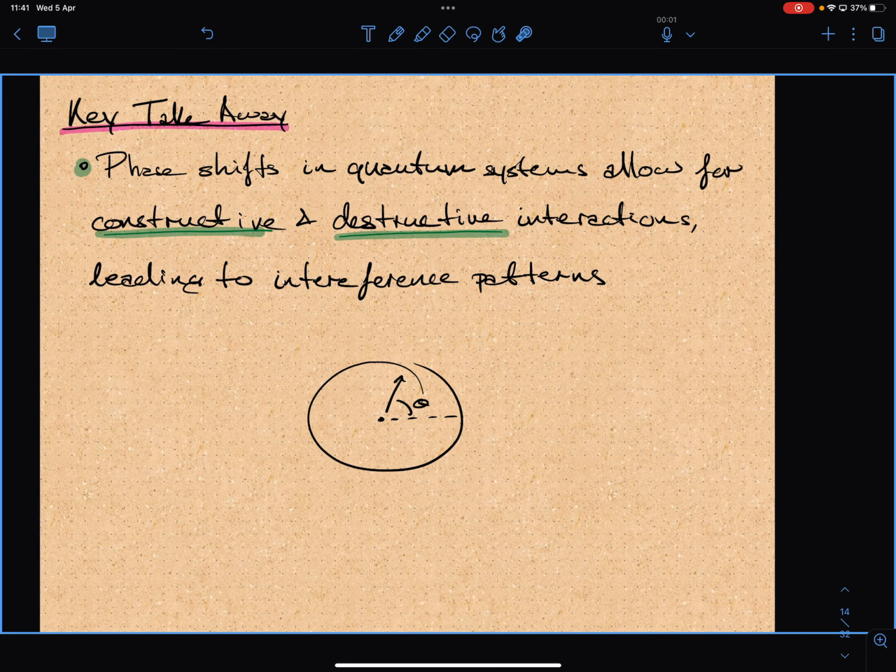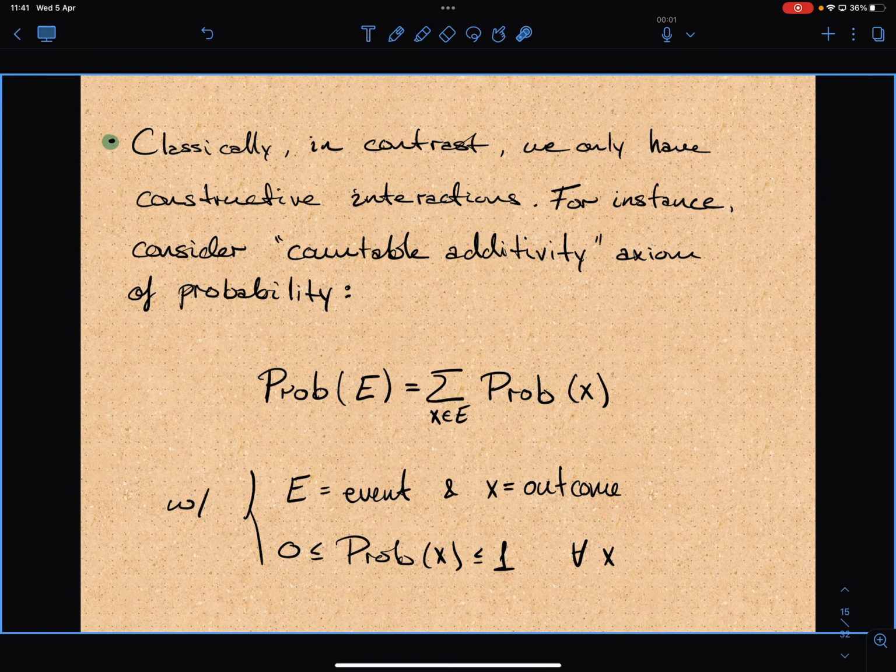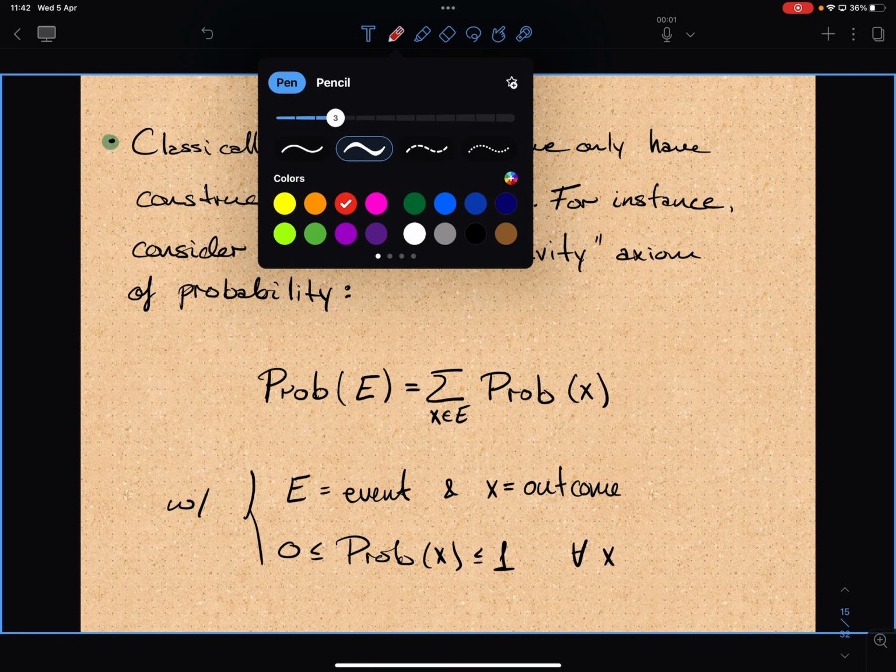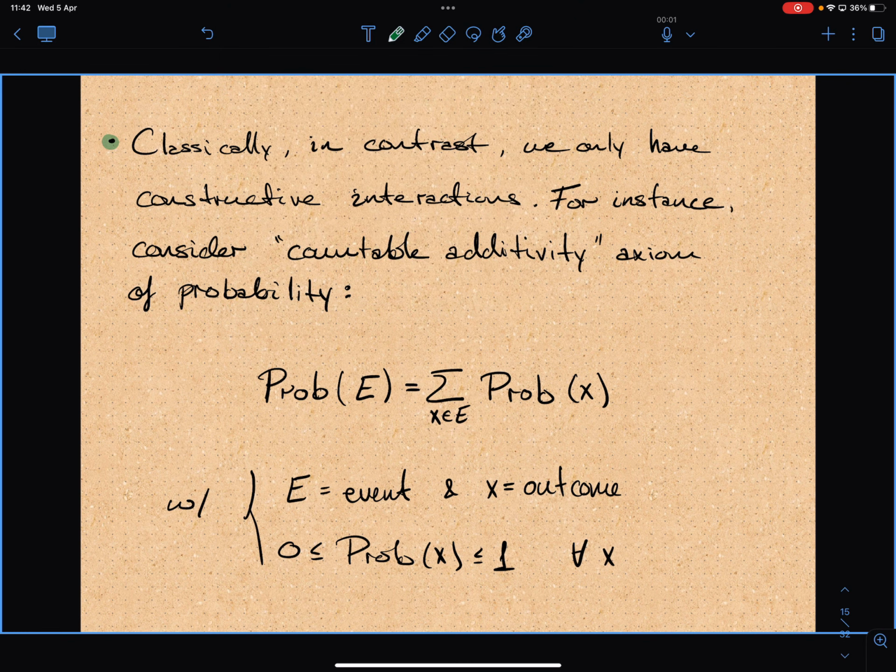Perhaps using the theory of waves, you can kind of see this. But when I really think about the classical case, I think of probability theory. And that's what I take for contrast. In probability theory, we have this axiom of countable additivity.